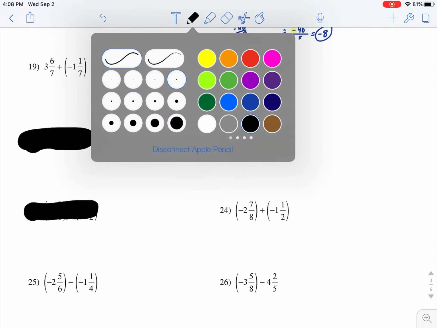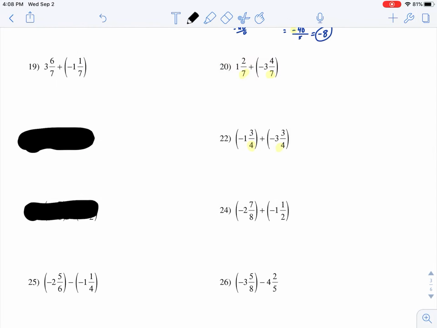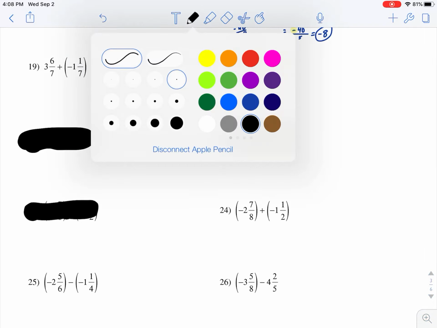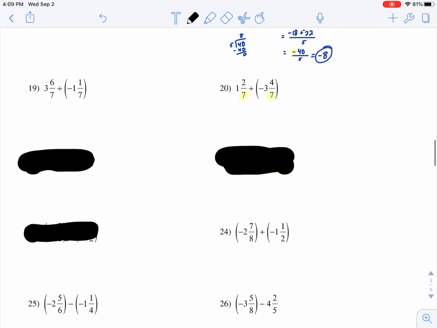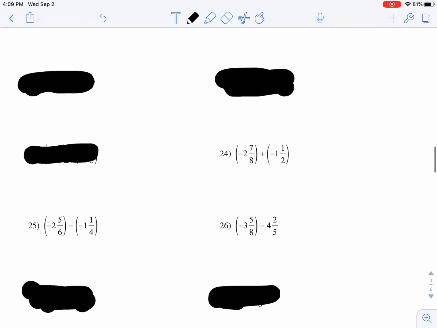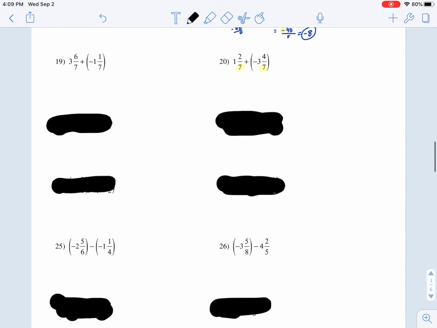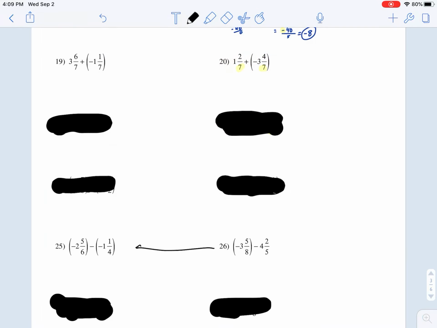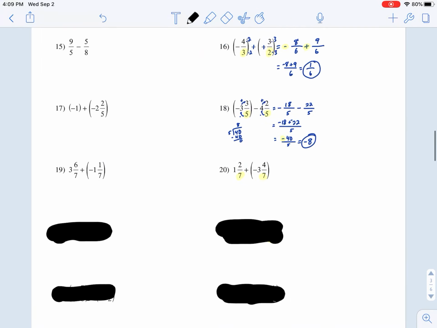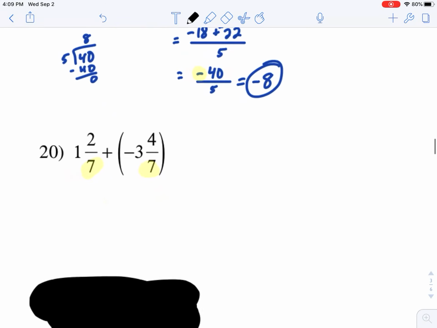So I am going to black this one out. I'll do number 20, but I'll also do, let's say, number 26, because they're not common denominators, and if you can follow along with 26, it's going to help you with 25, because they're real similar. So there, all right, little change on the fly.